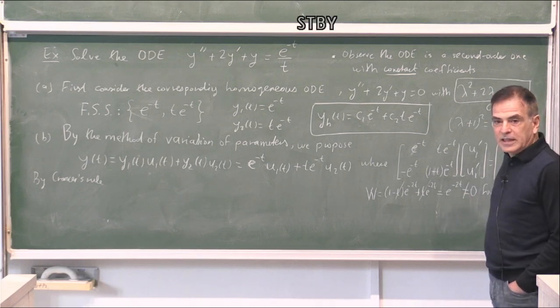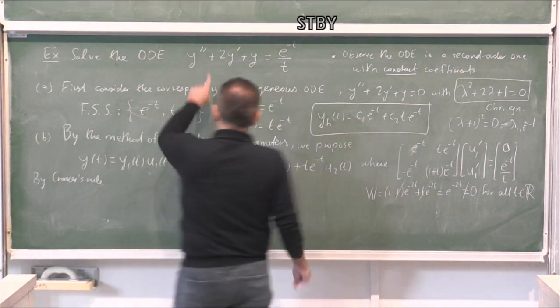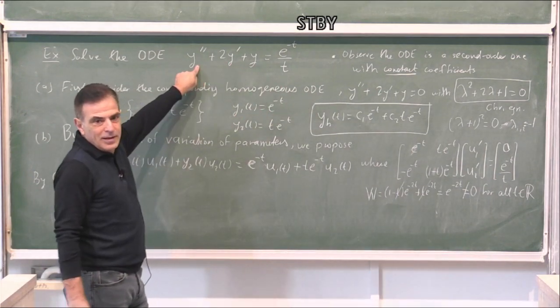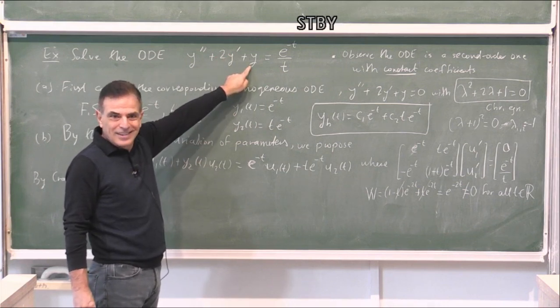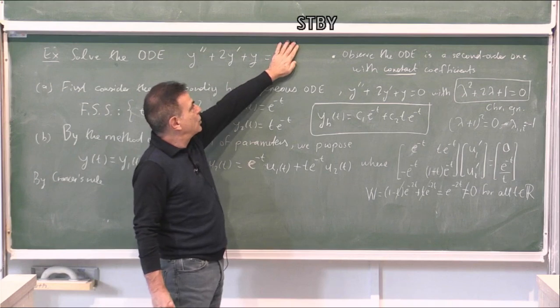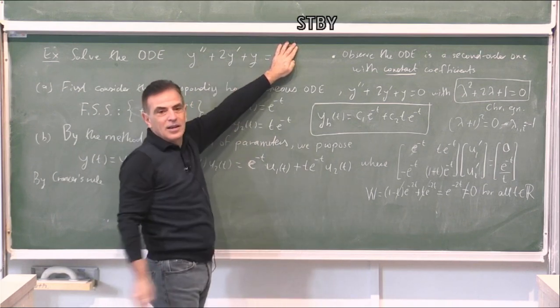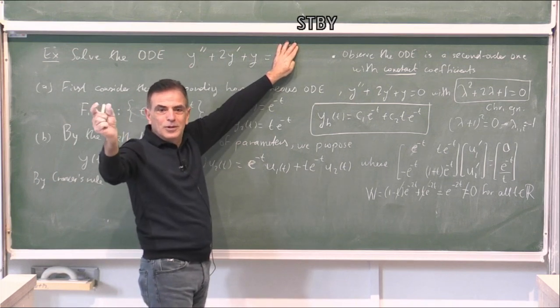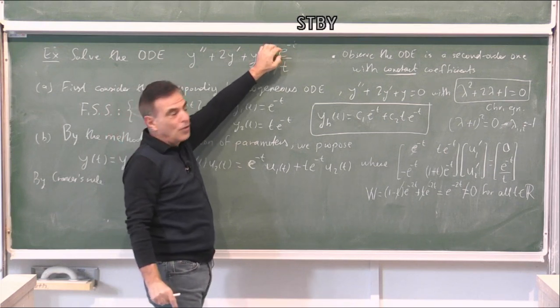Is it surprising? No. If you look at the homogeneous differential equation, you will see that the coefficients are constants. So a solution exists throughout the t interval from minus infinity up to infinity, or exists for all t.